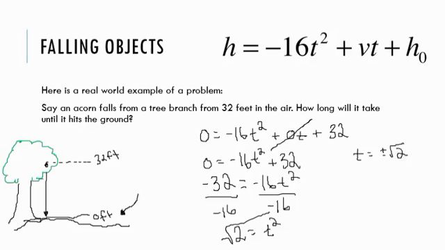Now I have positive square root of 2 and negative square root of 2. Which one am I going to use? Having a negative time doesn't make much sense, so it's not negative square root of 2. We'll only keep the positive version. So it would take about square root of 2 seconds to fall to the ground.